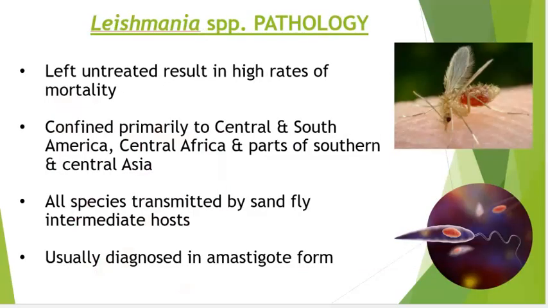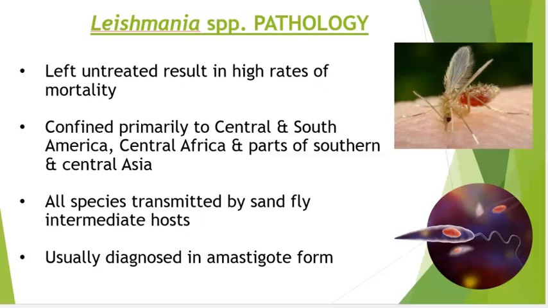Now let's discuss leishmania. If left untreated, this particular parasite can result in the highest rates of mortality. This parasite is confined primarily to Central and South America, Central Africa, and parts of Southern and Central Asia.